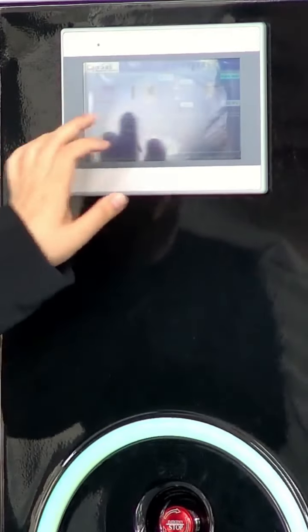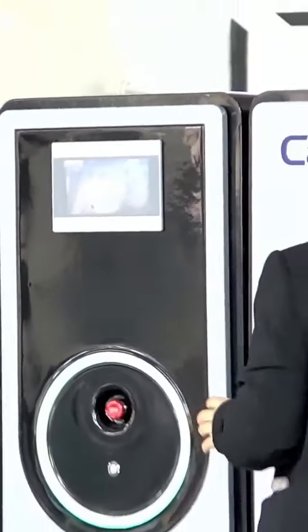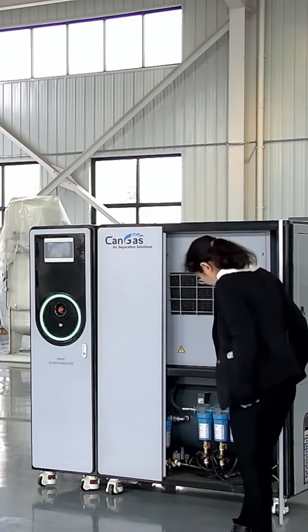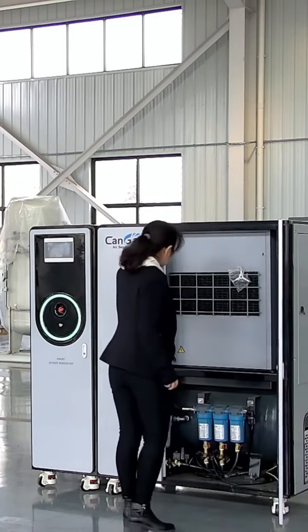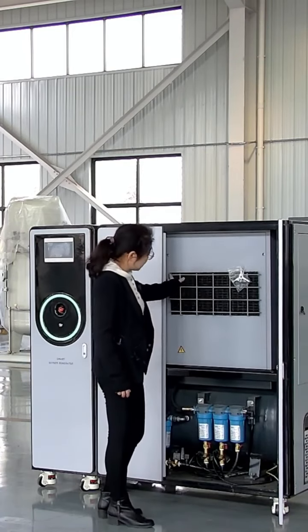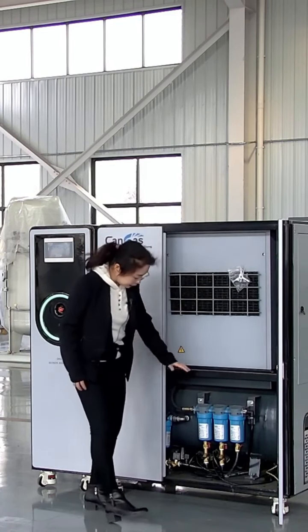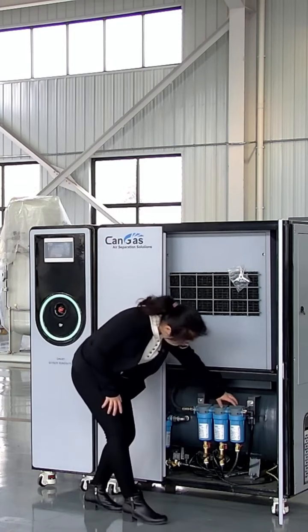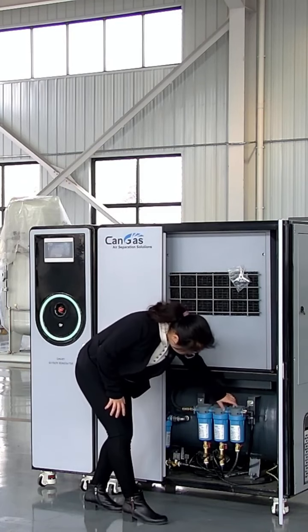For example, you can see it includes all the system equipment, such as the air compressor and filters. This is the air compressor, this is the air dryer, here is a buffer tank, and these are our filters.